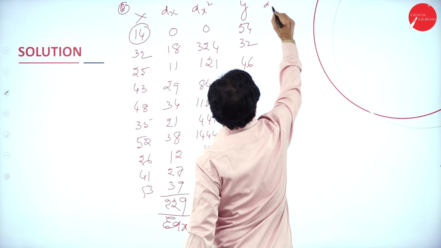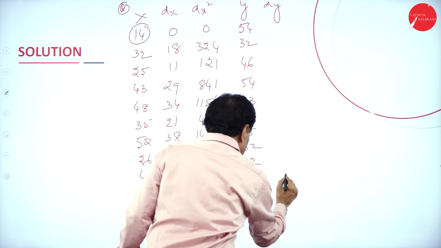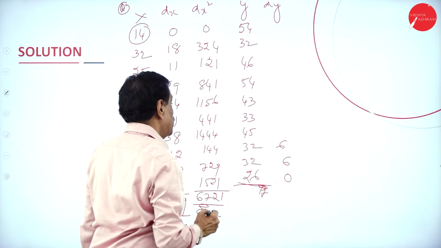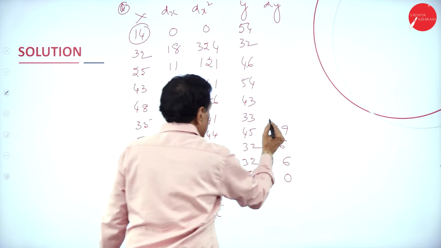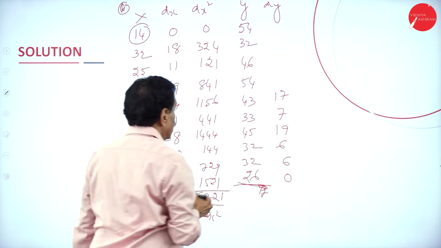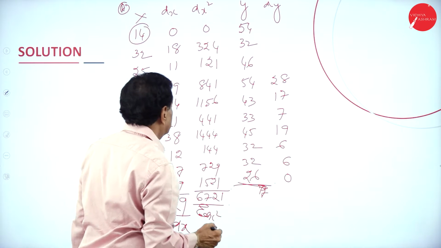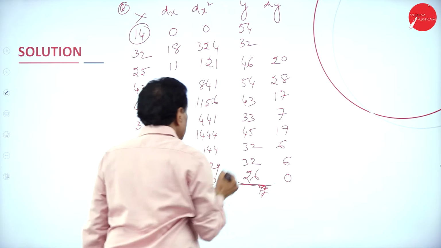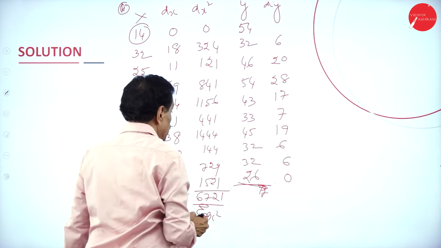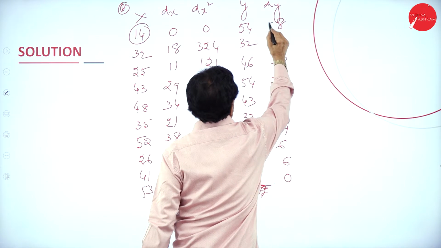You take the deviation dy. The lowest number is 26, taken as 0. 32 is 6, 45 is 19, 33 is 7, 43 is 17, 54 is 28, 46 is 20, 32 is 6, 54 is 28.